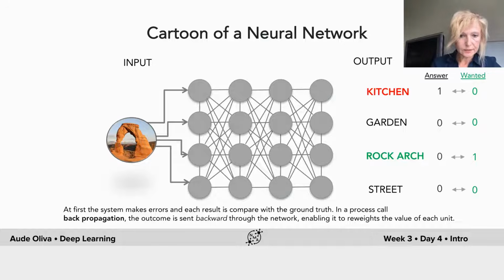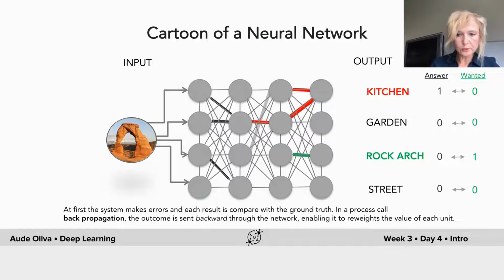Next, you take the answer that the network gives and the wanted answer and take the difference. You add up the square of the difference between each component, which gives you the overall cost of the difference for this image. In a process called backpropagation, the cost is sent backward through the network to change the weights of the connections using that cost.